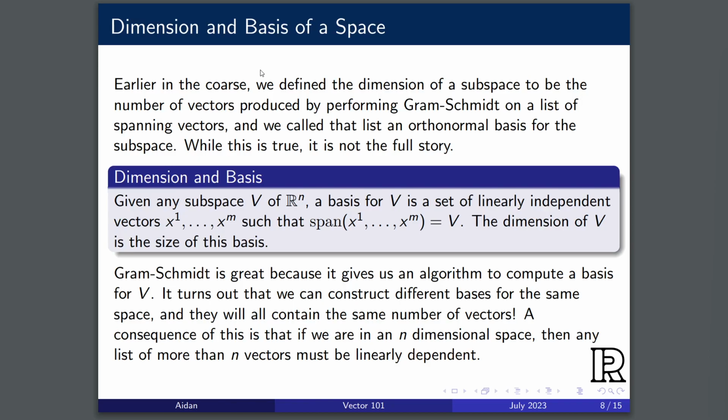Now, a consequence of this is that you cannot fit a larger dimensional space inside of a smaller dimensional space. This might seem obvious, but we haven't proven that until now.